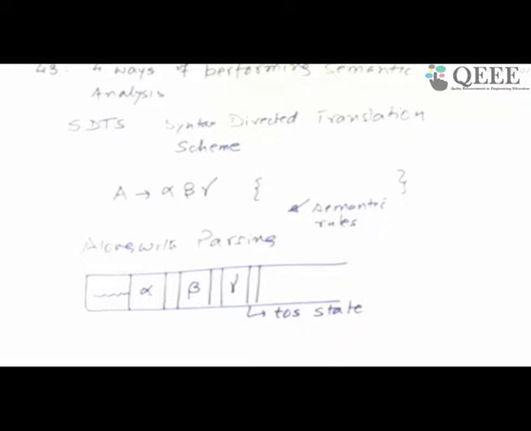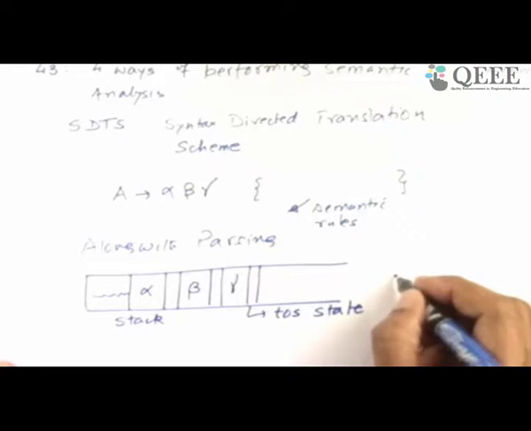I've already discussed this in another module, so I will not repeat it. On the parser stack, after the input has been read and assembled back as alpha, beta, gamma, the parser knows it has to perform a reduce. At this point, it will perform a reduce.